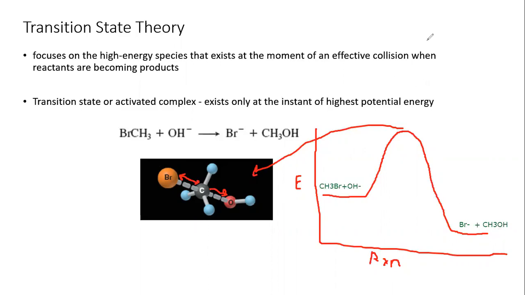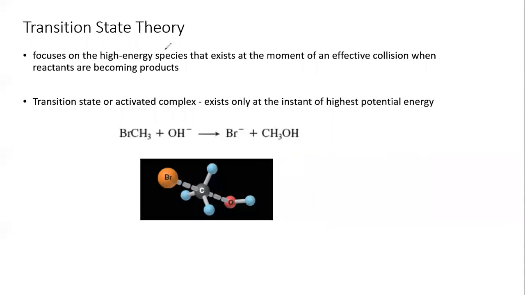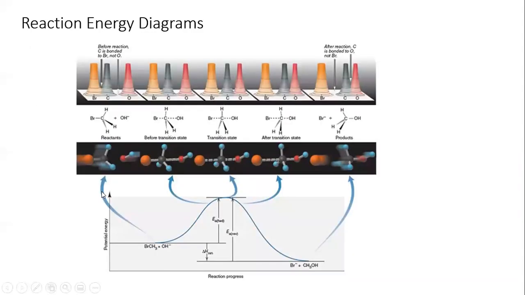So to look at this a little bit more in depth is this energy diagram. So again, this is our initial starting point, which is right here. We have our reactants. You see that there's electron density between the carbon-bromine bond. There's no electron density between carbon and oxygen.